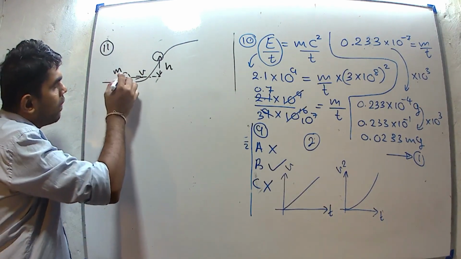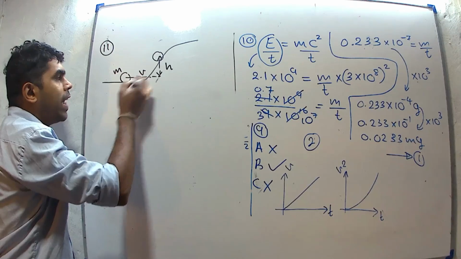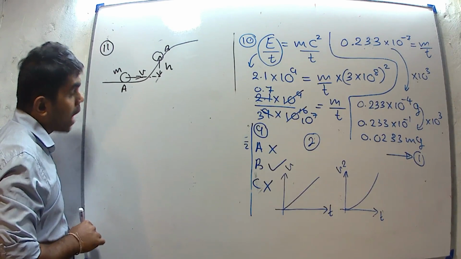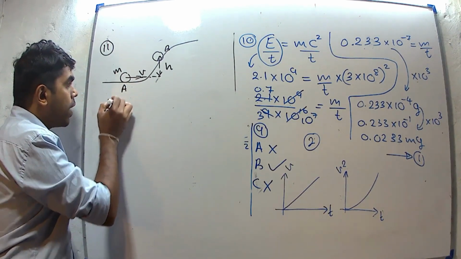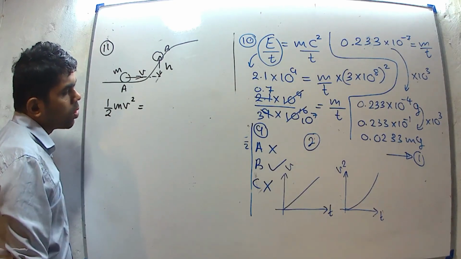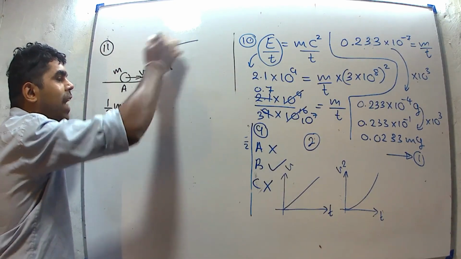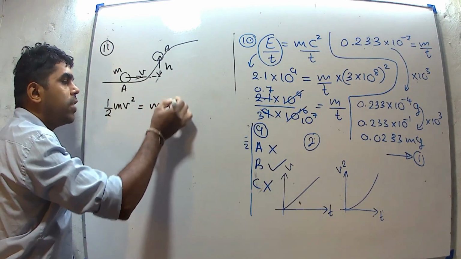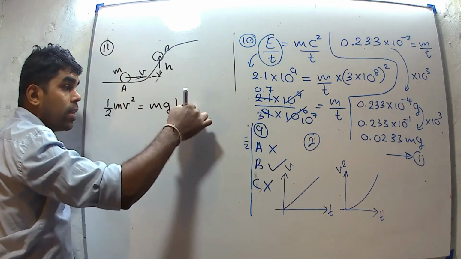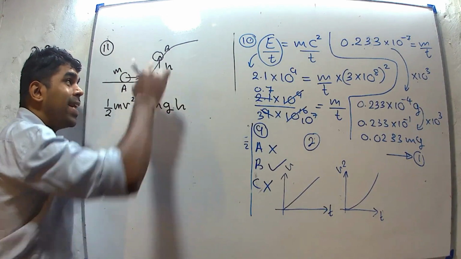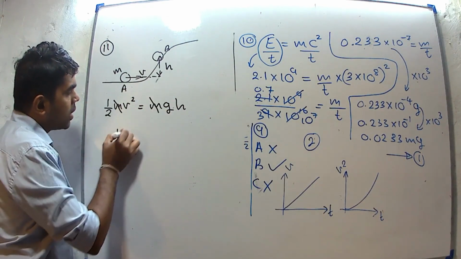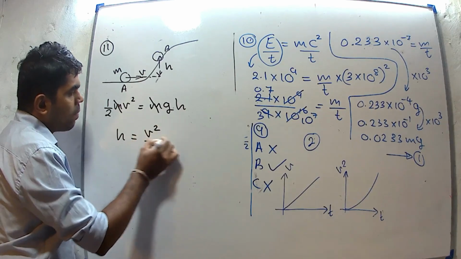Then we can use conservation of energy between point A and B. At point A, there is kinetic energy, half mv squared, which should be converted to potential energy mgh at B. There is no kinetic energy at this point. Therefore, we write only potential energy for point B. Then I will get h equals v squared divided by 2g.